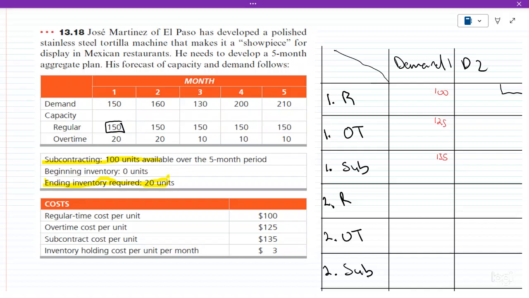Okay, so we have regular time of stable 150, right? And then we have varying demands, and we have overtime, and we have subcontracting of 100 units, and you have your prices there. Okay, and your thing is 3. However, they say ending inventory required is 20.